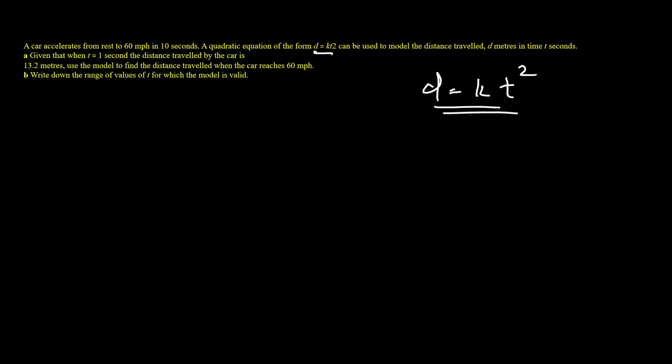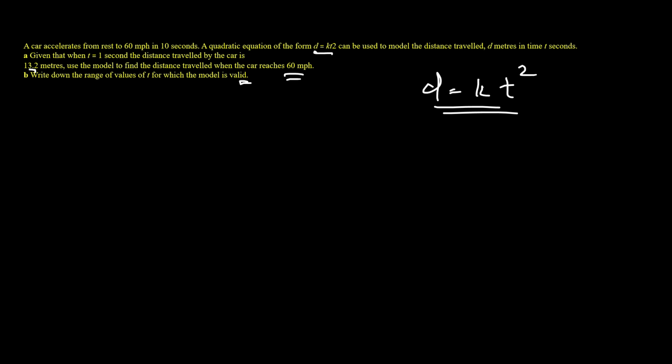Now when t is equal to 1 second, the distance traveled by the car is 13.2 meters. Use this model to find the distance traveled when the car reaches 60 miles per hour, and write the range of the values of t for which the model is valid.